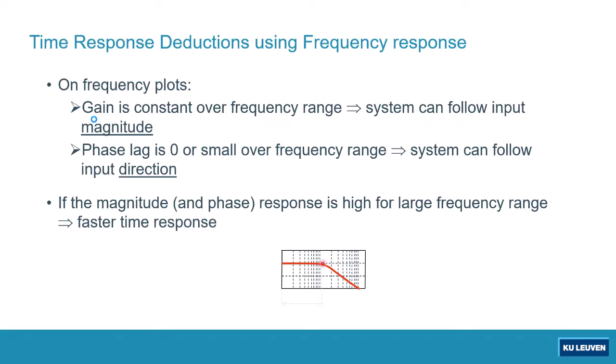So if the range of this flat gain is large, so if we have a larger band that has this phenomenon, the larger the frequency band, the faster the response of the system to a particular input. So this feature will tell us how the system will respond to any particular input.